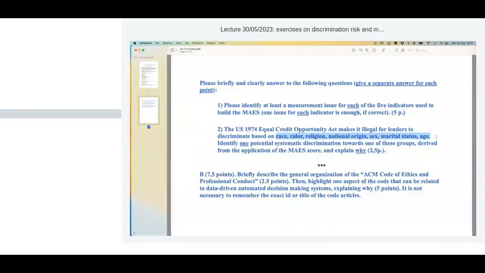Do you have questions on the text? As usual, my recommendation is to try first to do it alone, and then to share with some colleagues and do it in a group.